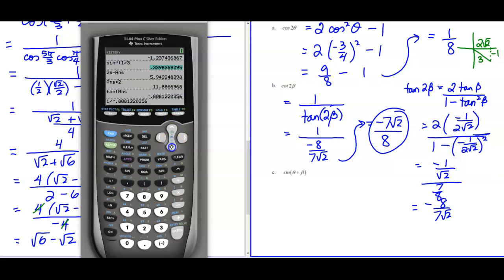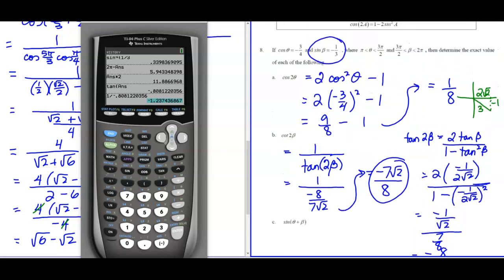Okay. So what I just did there to check. I found my decimal form of the answer. Then I went back up here. I did my second sine of +1 over 3 to get that reference angle. I went 2 pi minus it to get angle beta.